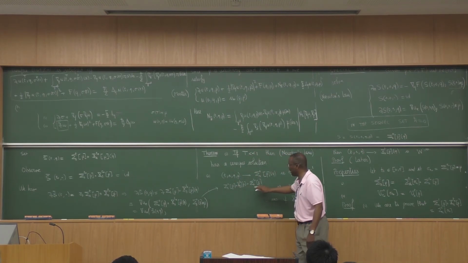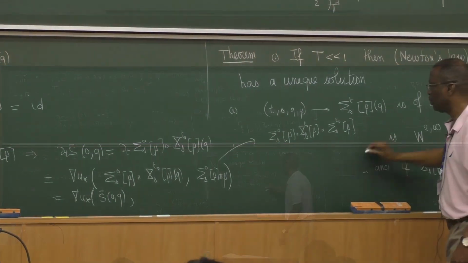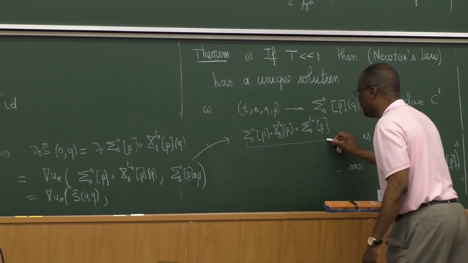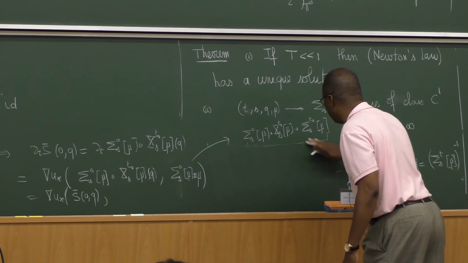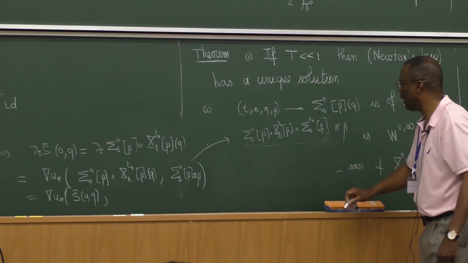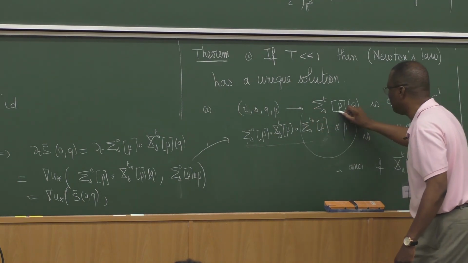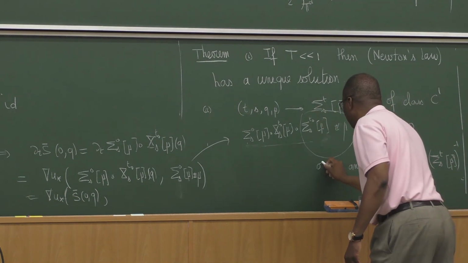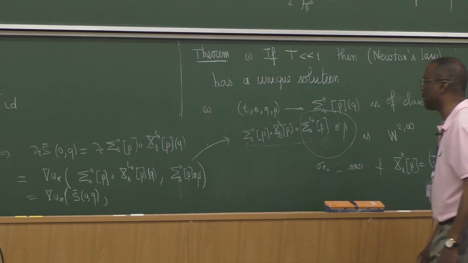Because these two things are inverse of each other, let me apply it to mu. However, this, by definition, is sigma T naught.